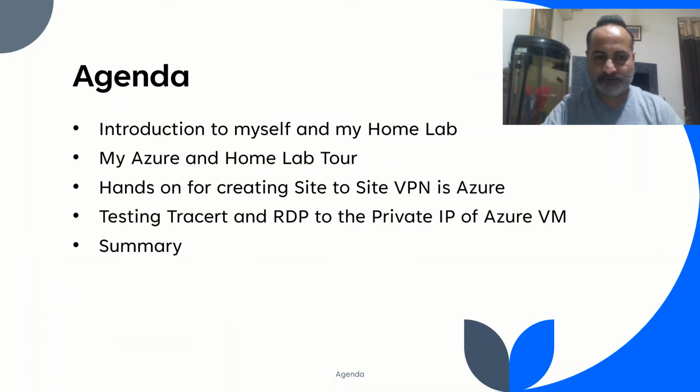The agenda is basically, first of all, I'll be introducing myself, and then I'll be giving you a look at my home lab and the Azure tenant, and then we'll be doing pretty much hands-on for creating the site-to-site VPN in Azure, and then we'll be testing tracert and RDP to the private IP of the Azure VM.